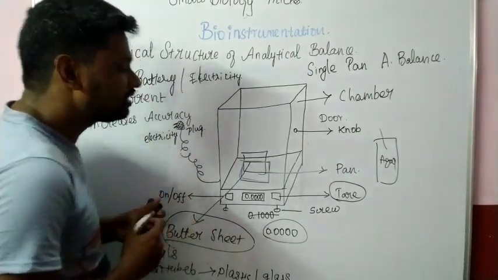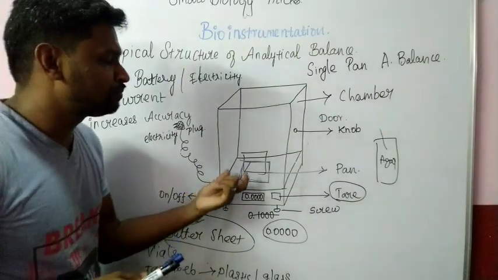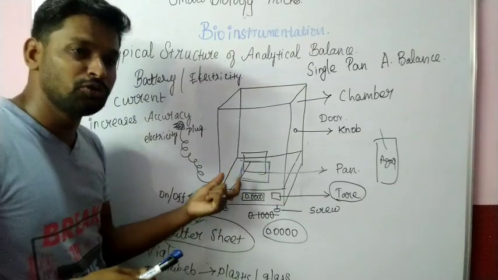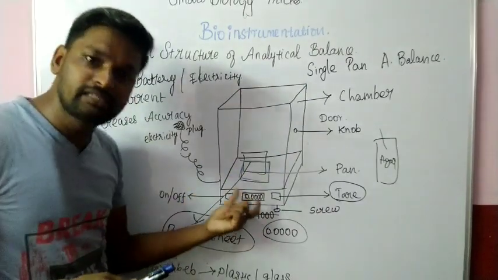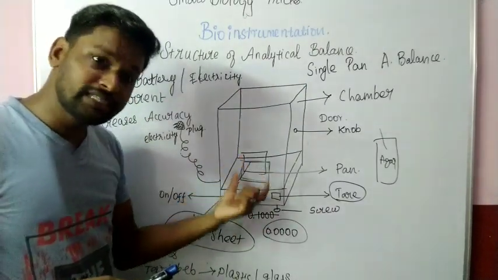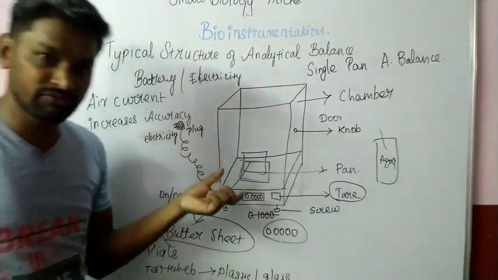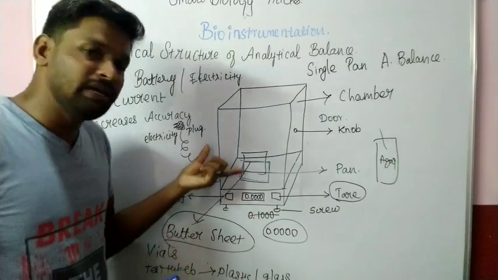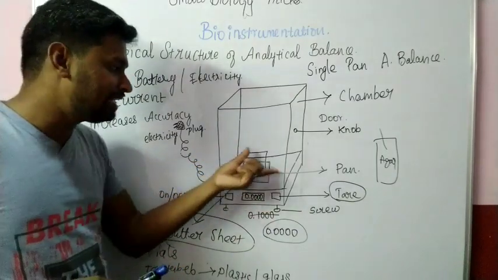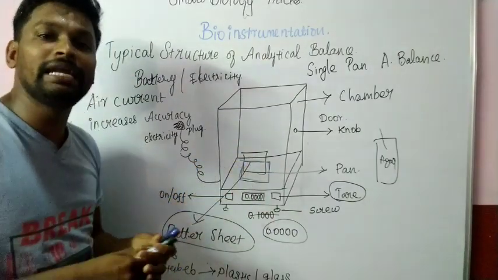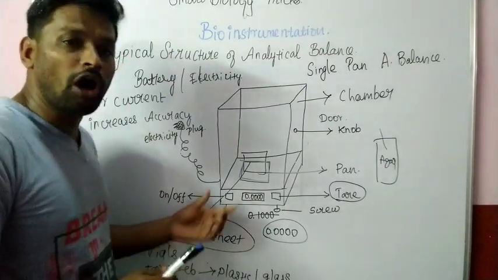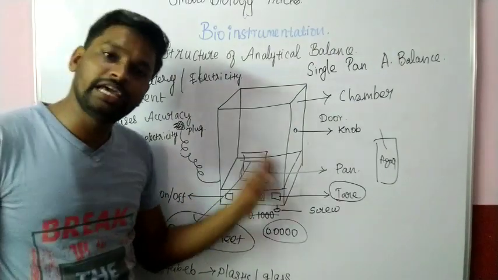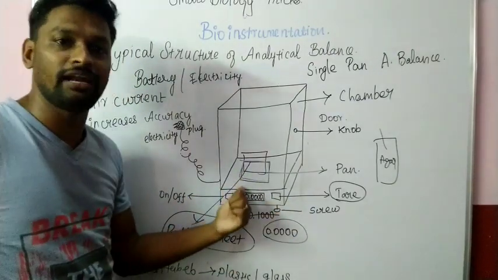If you have to measure acids or powders containing acid, that powder may spill. If those powders spill on the surface, it may lead to rust formation. To avoid rust formation, we should not measure any kind of chemicals directly on the electronic balance.